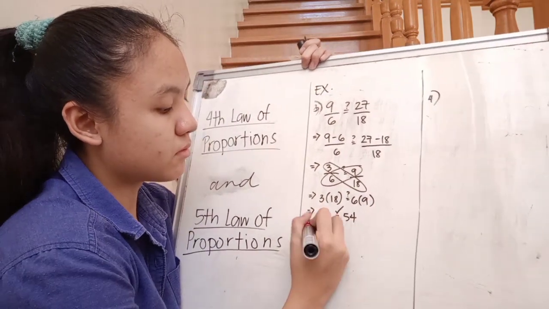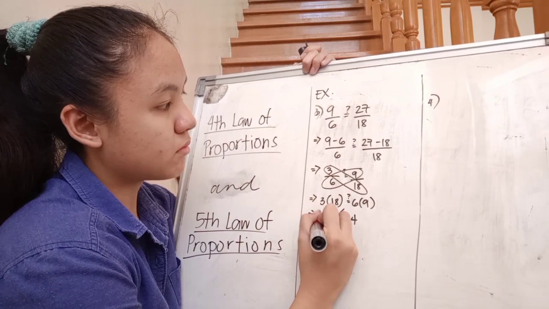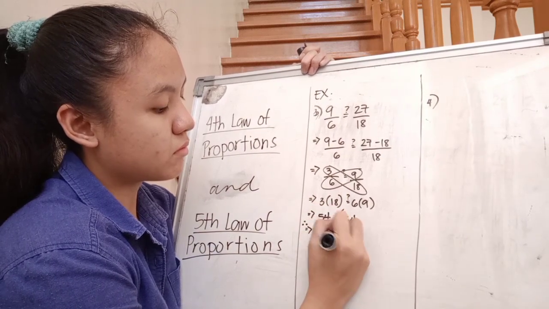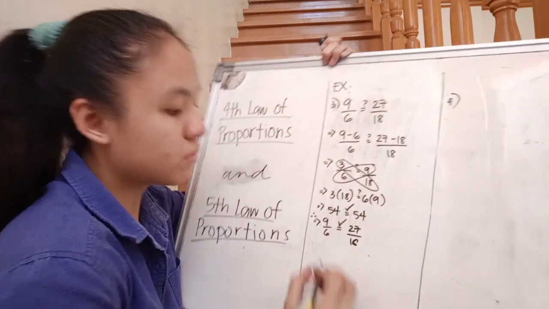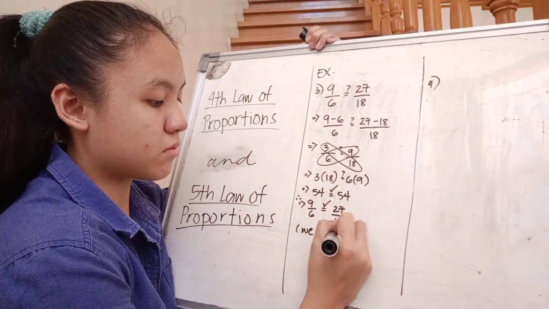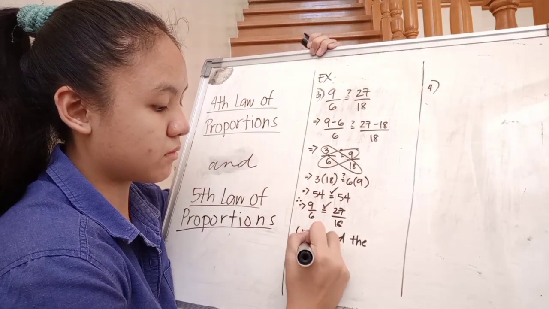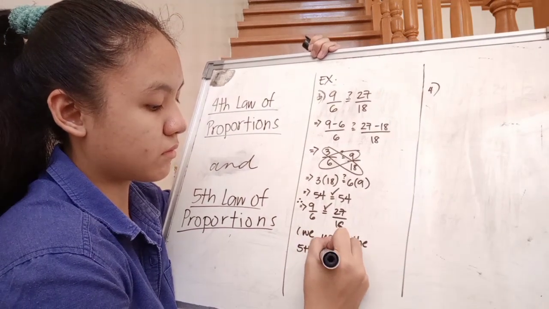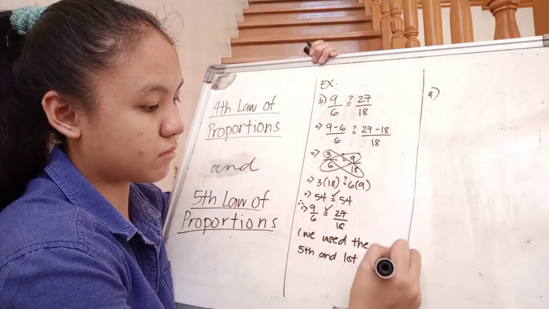So cross multiply 3 times 18 and 6 times 9. They are both 54. In conclusion, 9 over 6 is equal and proportional to 27 over 18. So in the third example, we used the fifth and the first law of proportions.